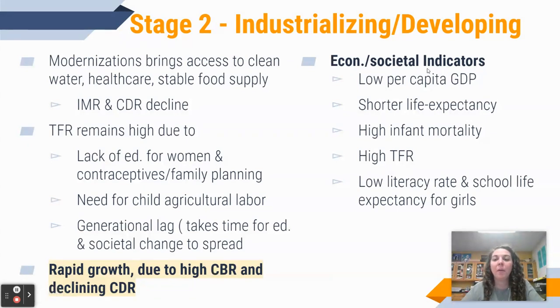So some economic or societal indicators here, that's going to be low per capita GDP, a shorter life expectancy, high infant mortality, high TFR, and then we're going to have very low literacy rates and school life expectancy for girls. Some examples of countries that are in this stage right here would be places like India, Brazil, China, Afghanistan.